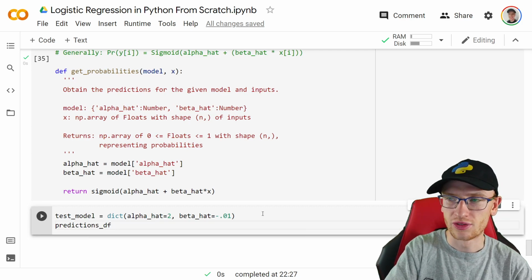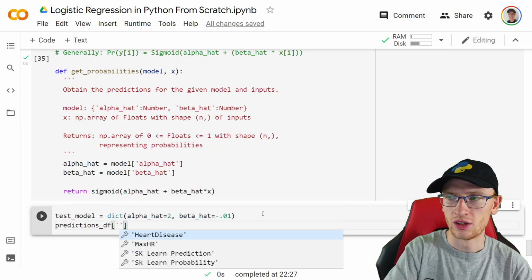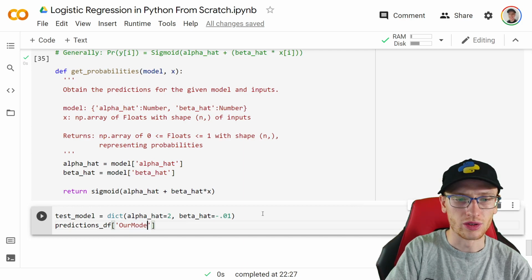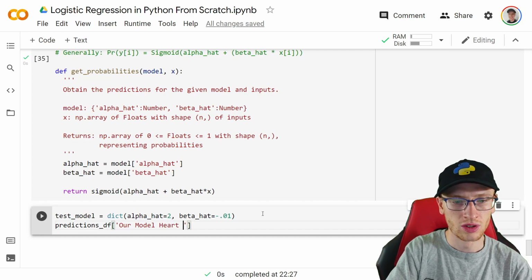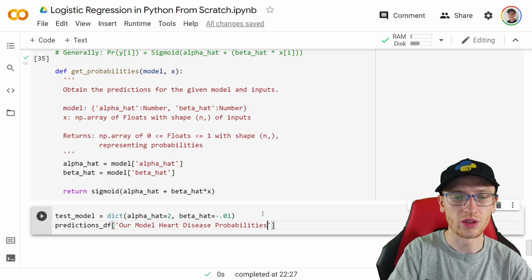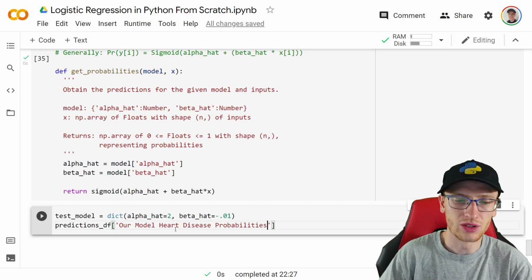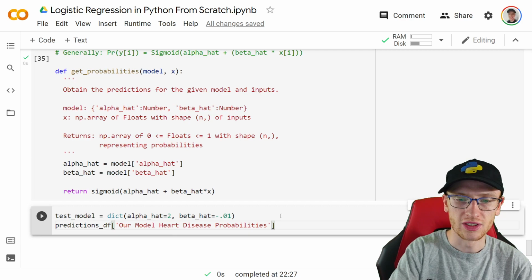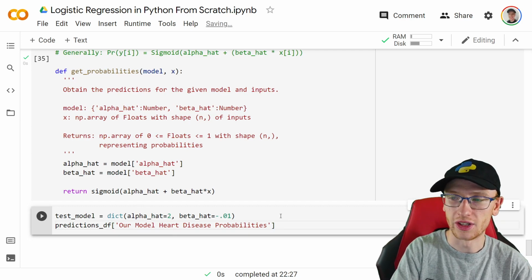Predictions df sub, we'll say, our model heart disease probabilities. And they're not really good, this is our test model, so this probably isn't very good, but let's see what it is for now, and we'll update that later.